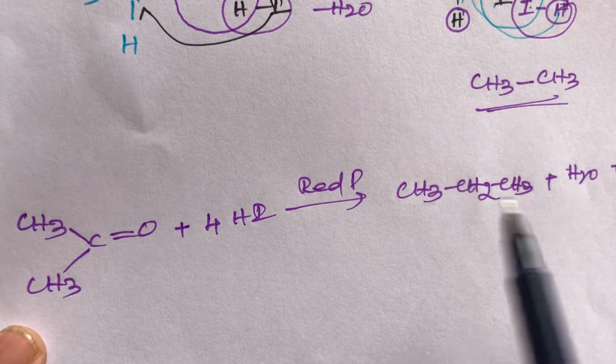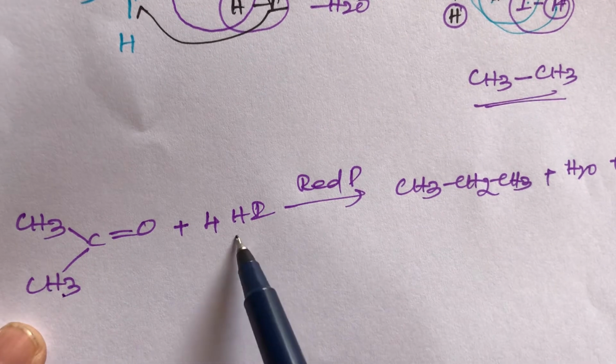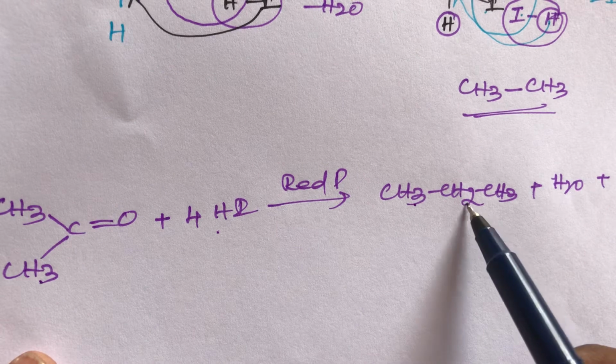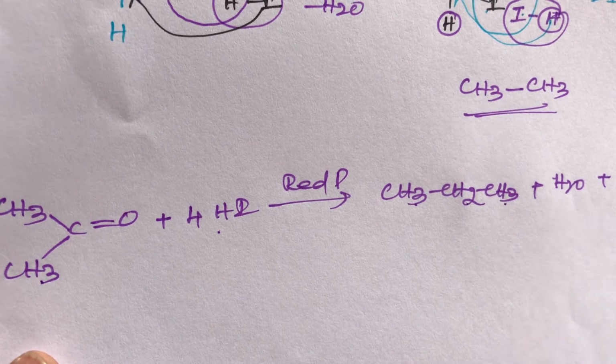Everything is balanced: 3 plus 3 is 6 hydrogens plus 4 is 10 hydrogens total, and the right-hand side is the same: 3 plus 2 is 5, plus 3 is 8, plus 2 is 10.